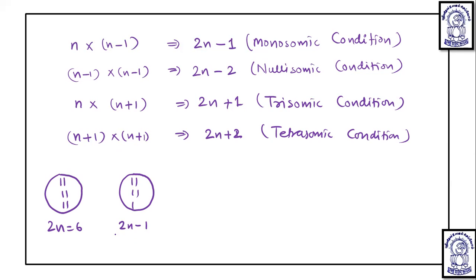That is, 2n minus 1 is monosomic. In the same way, if a whole pair is absent, then it is 2n minus 2, and it is going to be nullisomic.